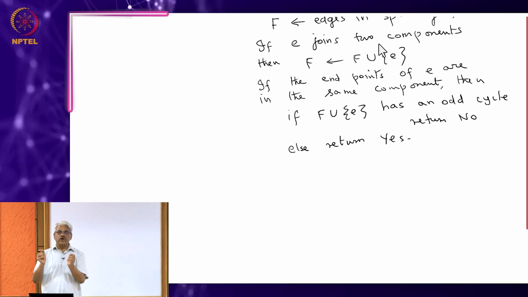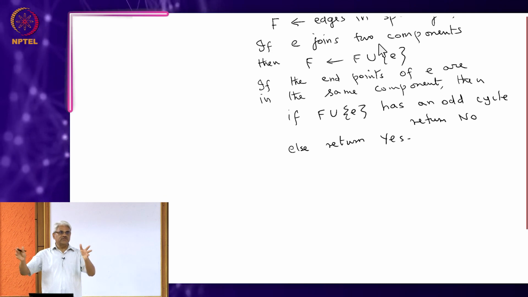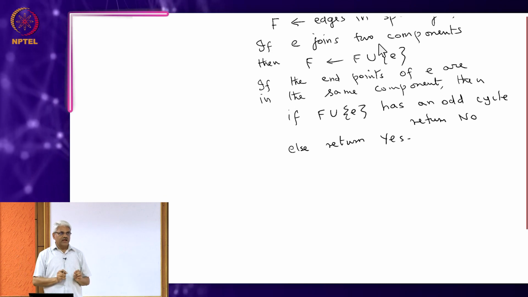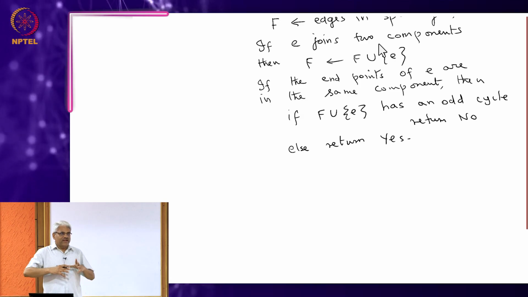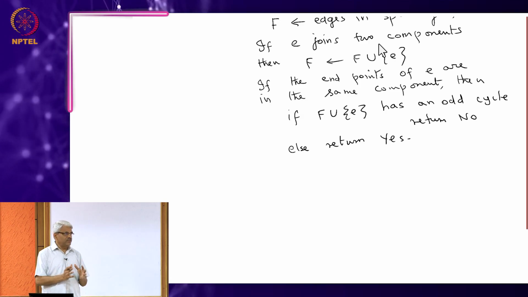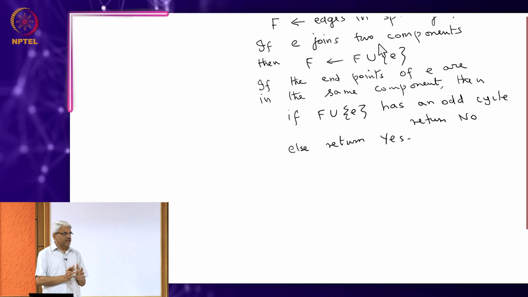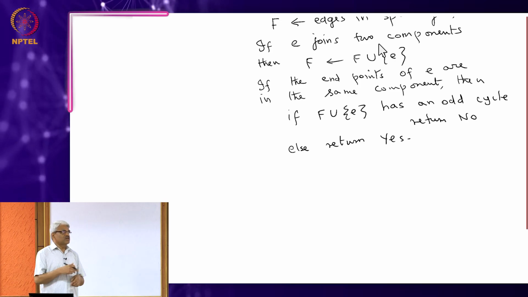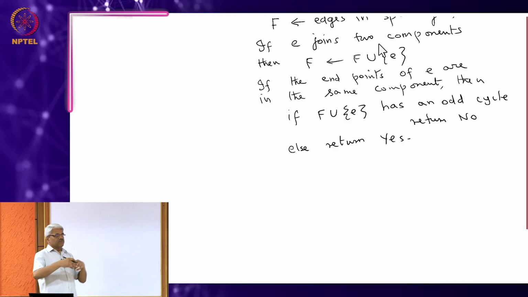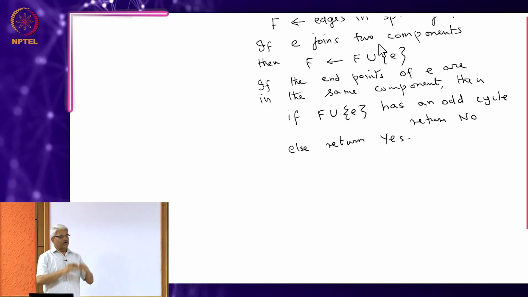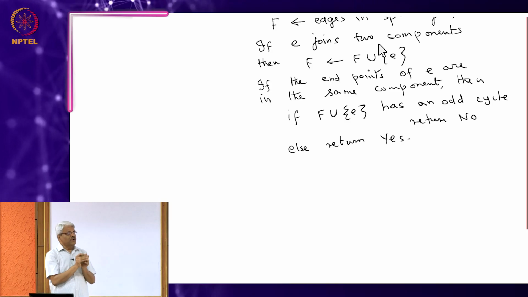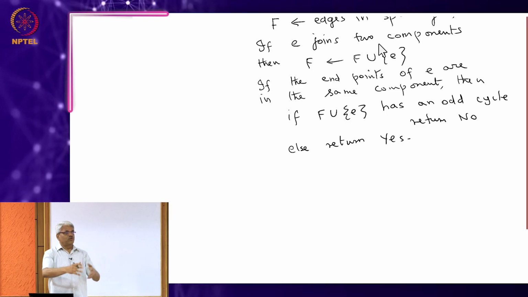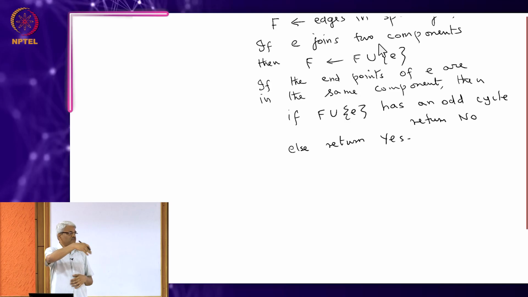So when the new edge comes, if it connects two components, I will add it. If the endpoints are in the same component, then I know that it is not adding anything more to the connectivity, but it may create an odd cycle, which I will check. How fast you can check is an interesting question, but I'm not going to worry about time. You can do a BFS and check.